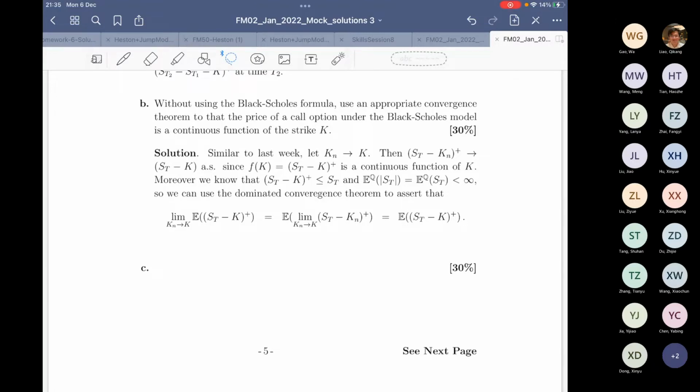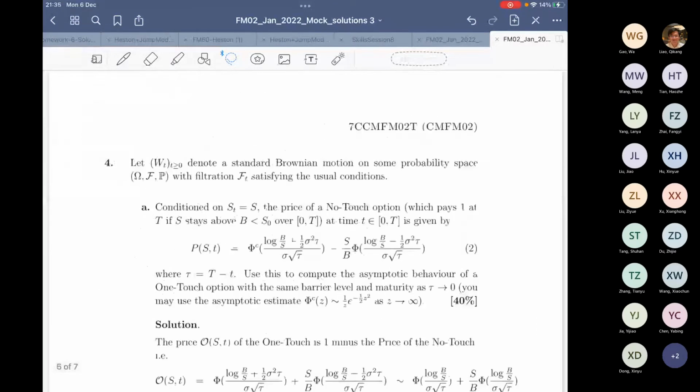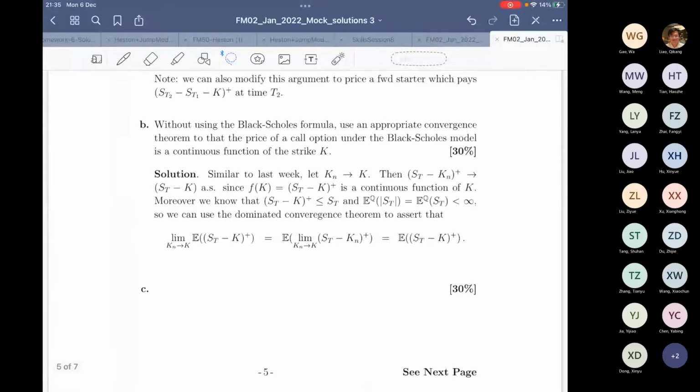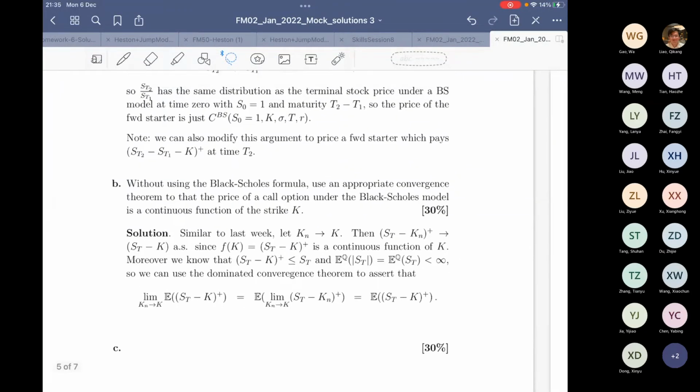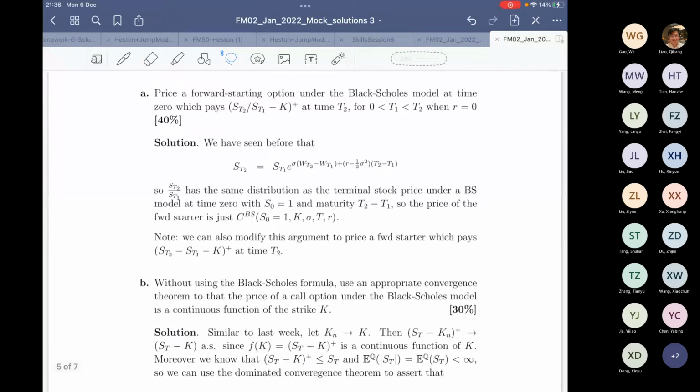Hang about, did we do that question? Oh no, we did do that question, didn't we? So anything else? Maybe there's nothing else I want to cover really. I mean, unless anyone has a suggestion, a particular thing they want me to give an example on.